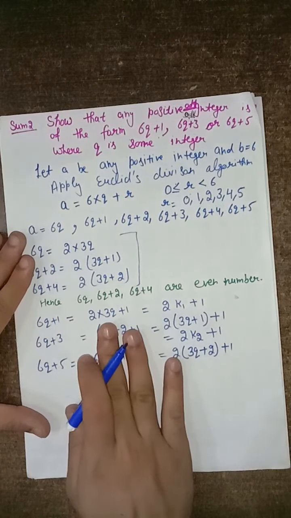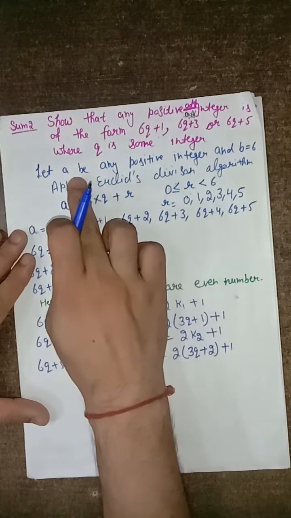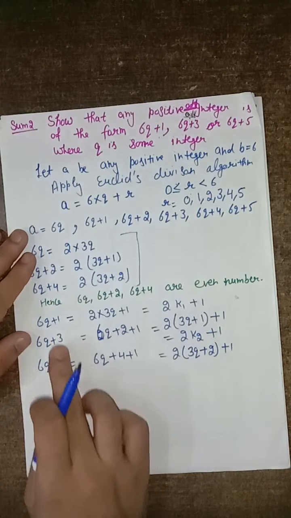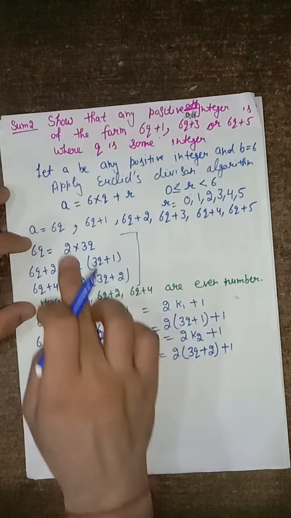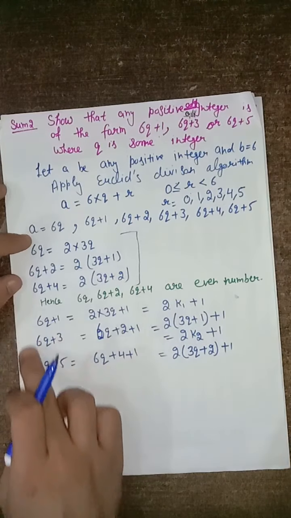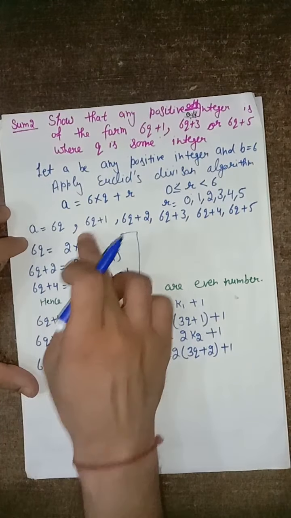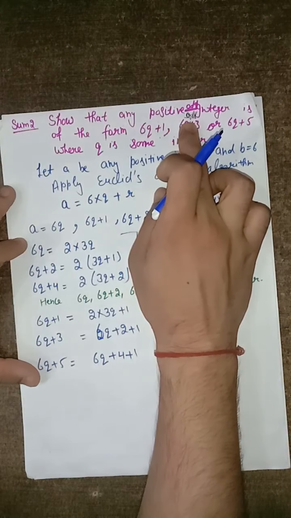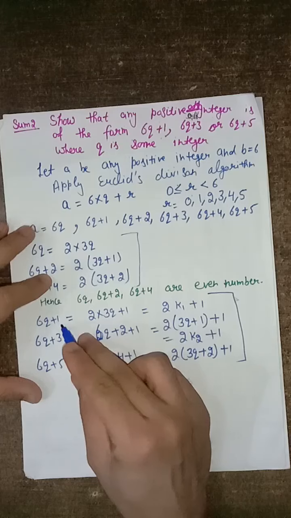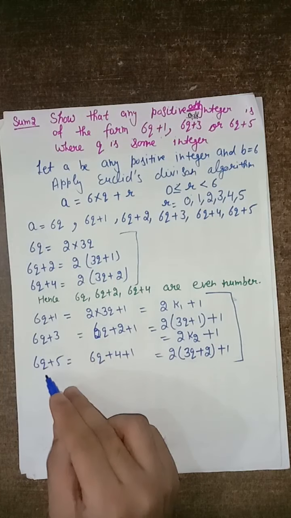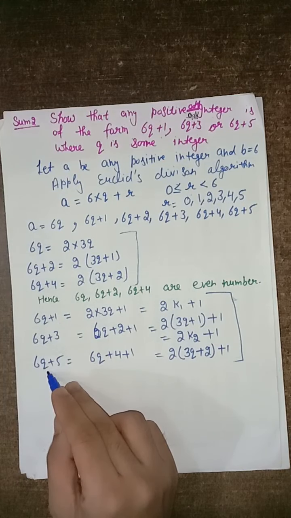So we can say that any positive integer a can be written in any of these six forms. But if we want to write an odd integer, then it can be written in the form 6q plus 1, 6q plus 3, 6q plus 5.